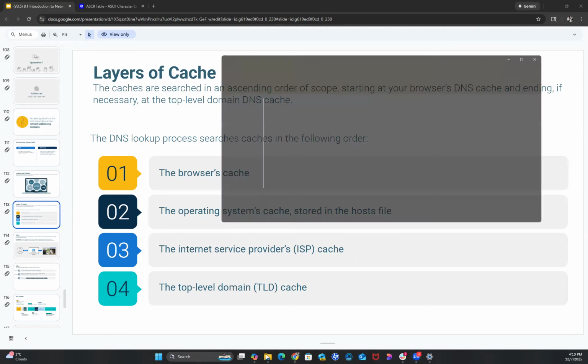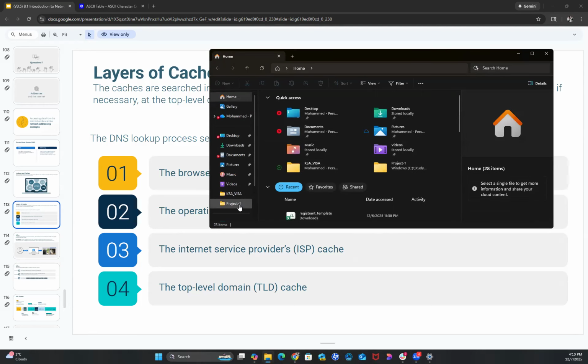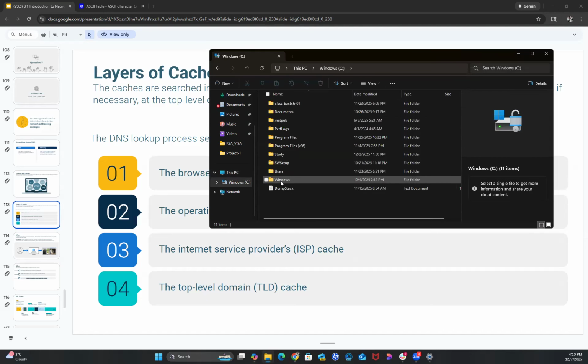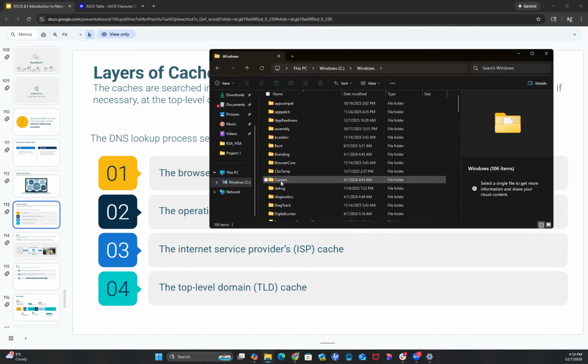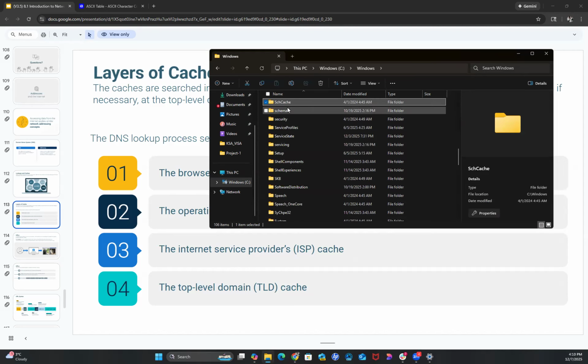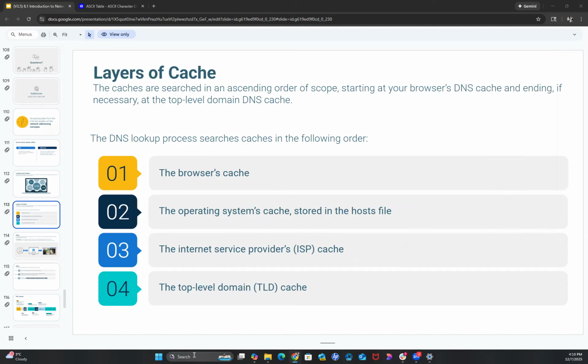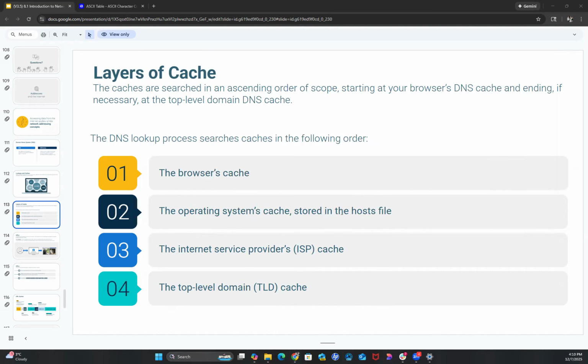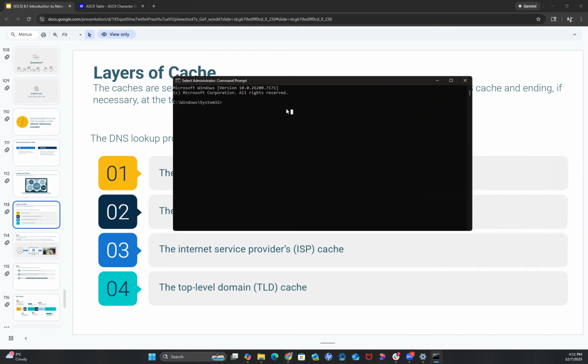So if we check this in Windows, we can check how to see the DNS file.